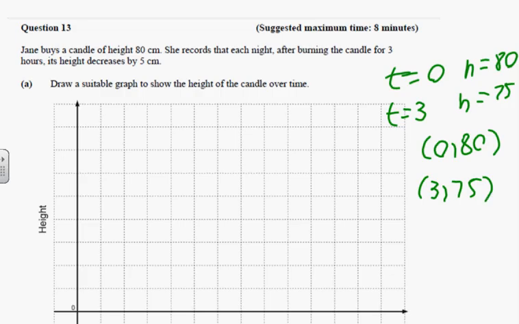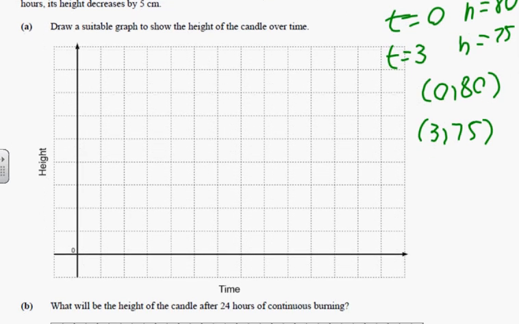2 points are on this. So, 10, 20, 30, 40, 50, 60, 70, 80. I went ahead in threes and just went 1, 2, 3. Now, times 1, 2, 3, 4, 5, 6, 7, 8.